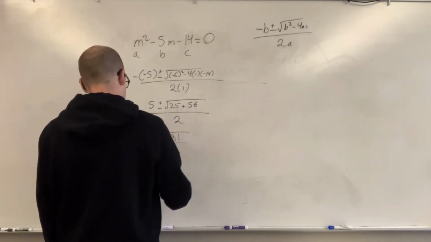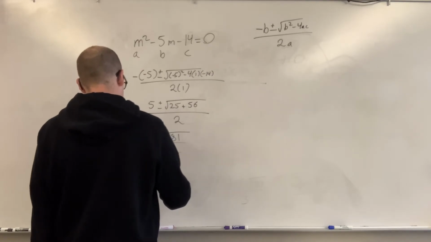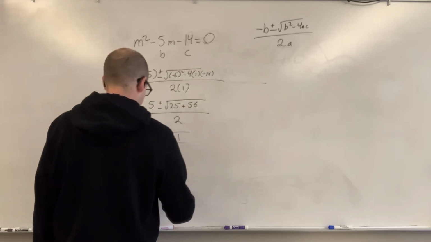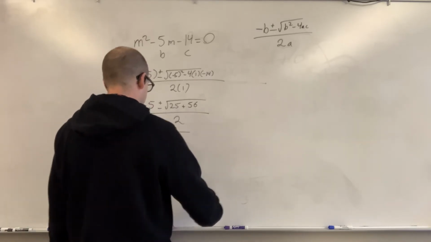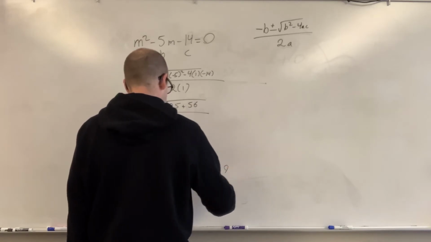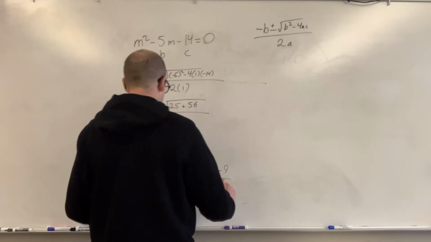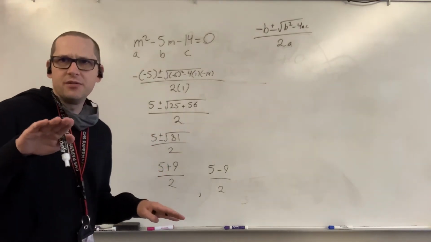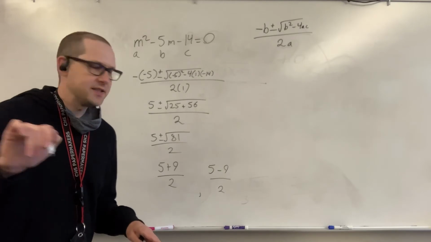You're going to get our two answers, 5 plus 9 over 2, and then 5 minus 9 over 2. That's what that plus and minus means, is that we're just doing each. We're doing a plus and we're doing a minus.